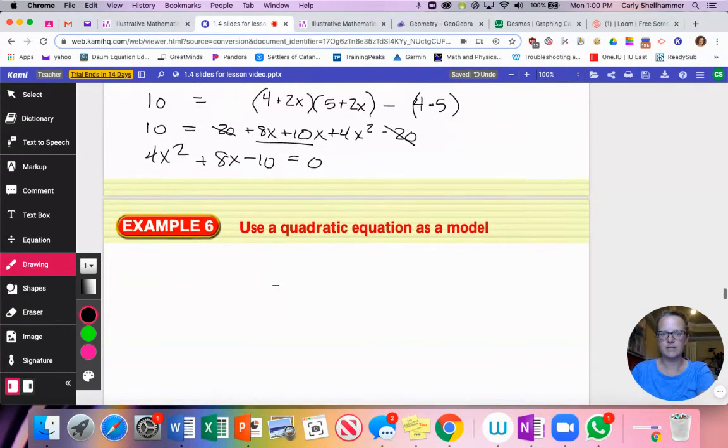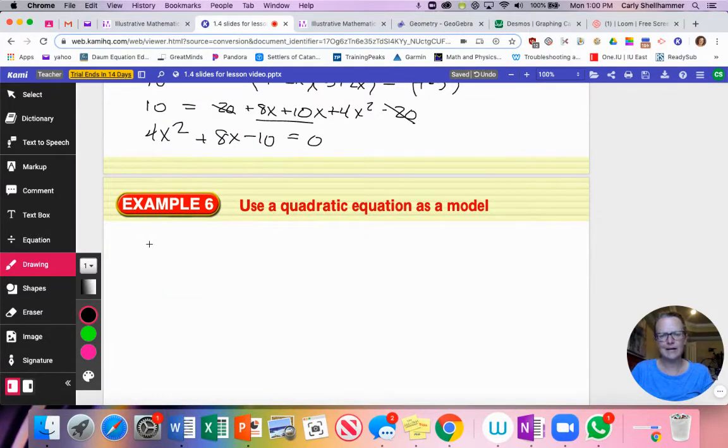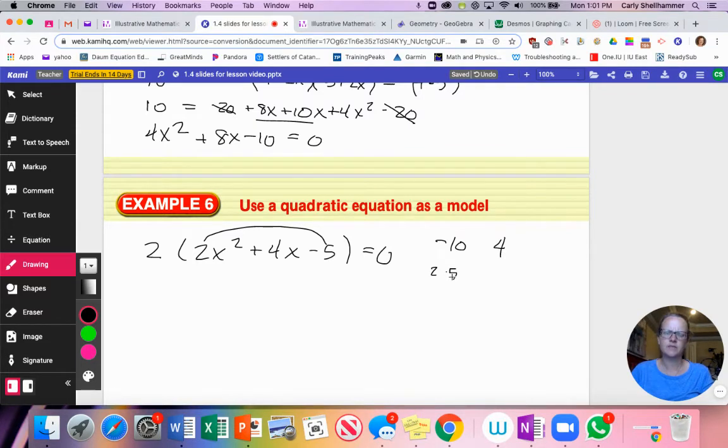I can factor out, it looks like a 2 to make all my numbers smaller. It's always easier to do math with smaller numbers. Let's see, negative 10 and 4. 1, 2 times 5.